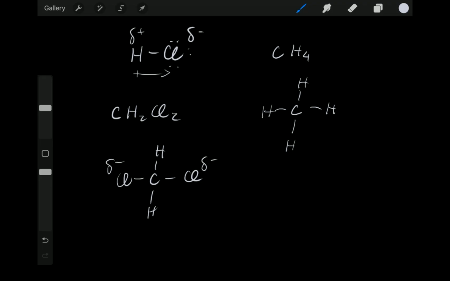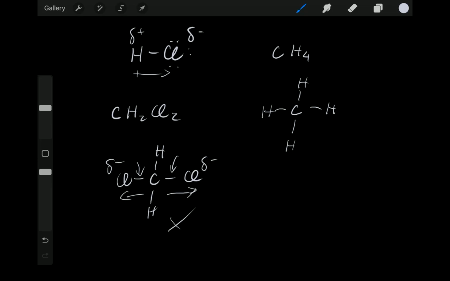So you have two Cl's pulling the central C on two different sides, and they basically would cancel each other out because they're pulling on exactly the opposite side. And even though this bond is polar and this bond is polar, this whole molecule will not be polar. So this would be non-polar.